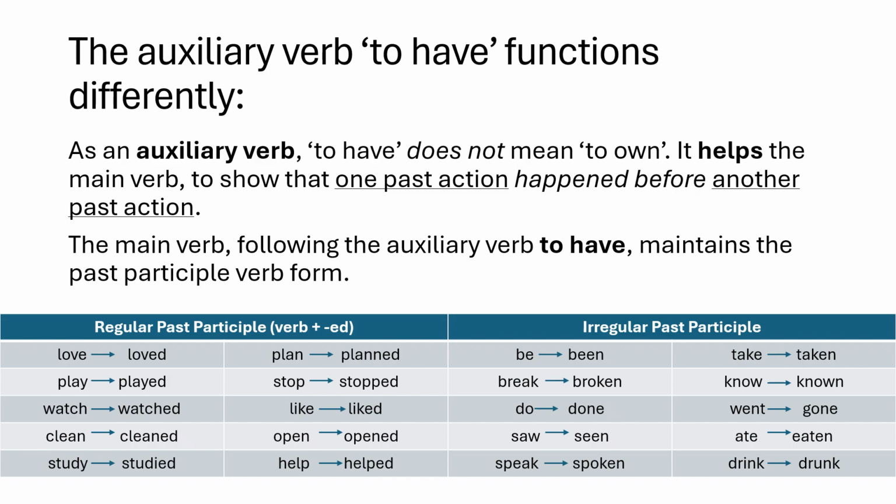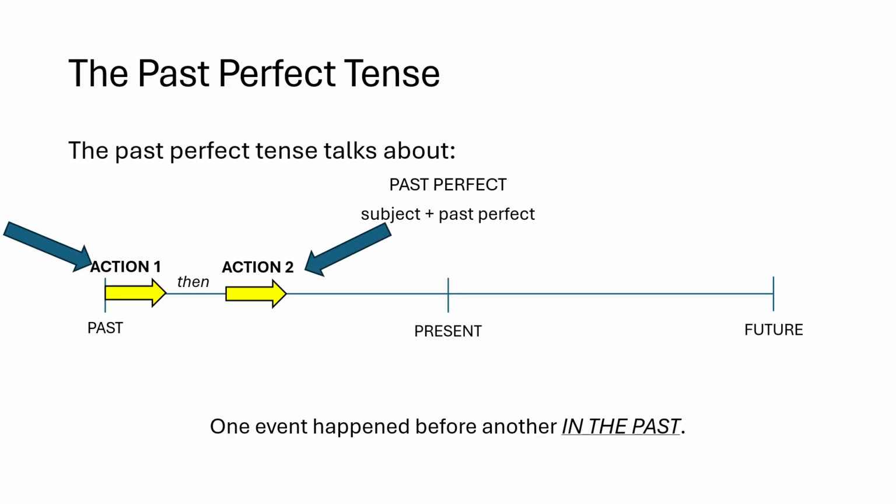Past participle verbs are used for perfect tense, such as she had spoken to them, or the passive voice in sentences such as the cleaning was done yesterday. This diagram shows what the past perfect tense looks like.